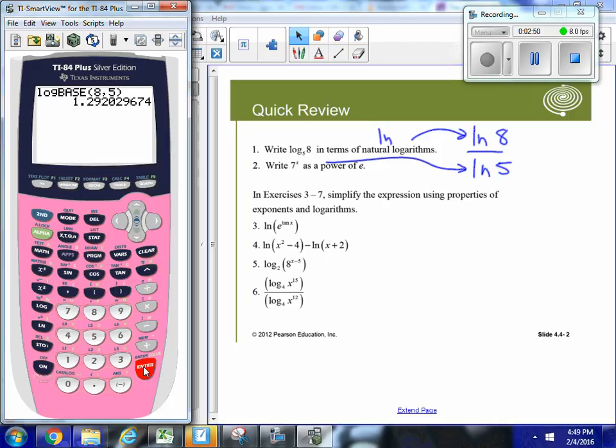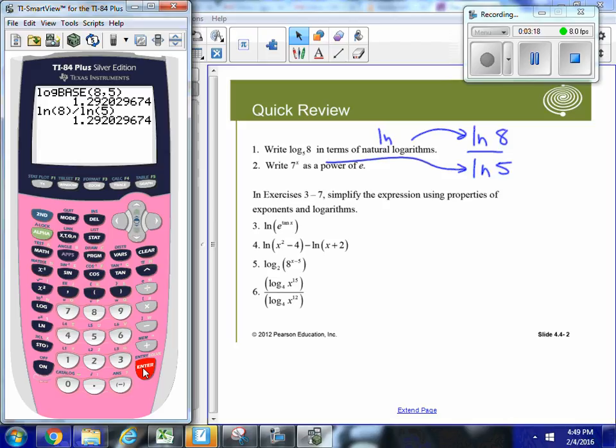Well, let's try something. Let's try doing the natural logarithm of 8 and dividing it by the natural logarithm of 5. I got too many parentheses there, I'm sorry. Let's delete. That should do it. And I get the exact same answer. So you can see that the change of base formula works, and really it's just something you need to memorize.